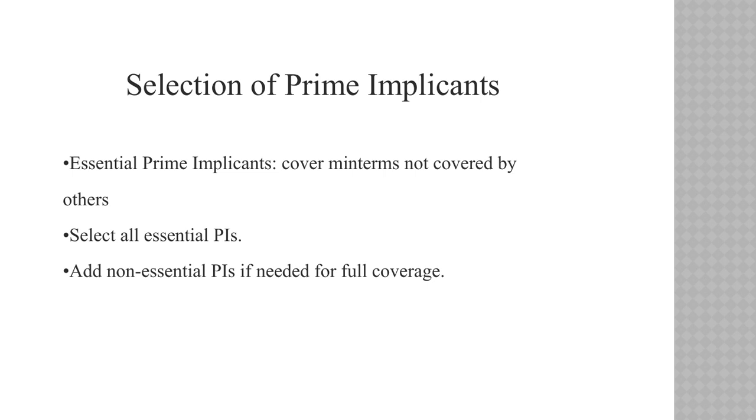If any minterms are left, we add non-essential prime implicants that can cover these remaining minterms. This process helps us to create the most simplified and efficient logic expression possible. Remember, selecting the right prime implicants is crucial for optimizing our circuit design, so paying attention to which are essential and which are not is a vital step in the overall process.